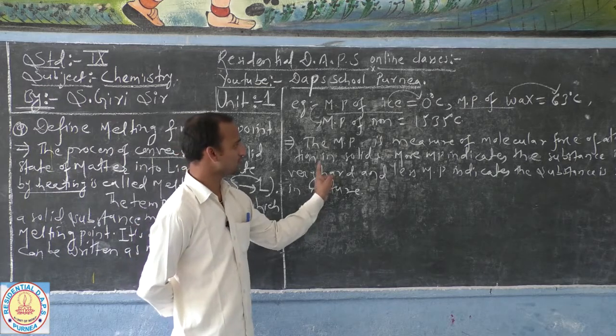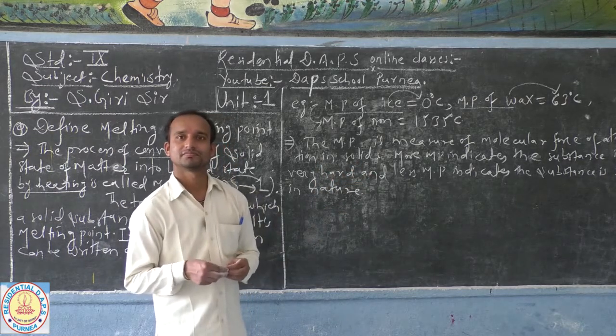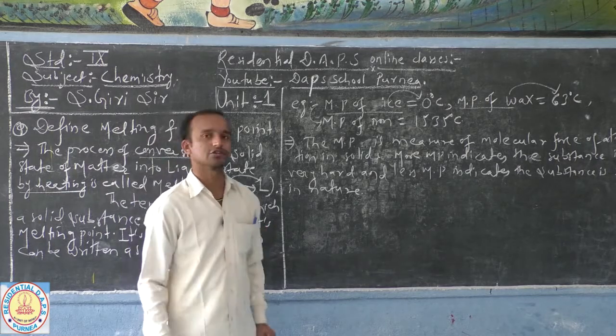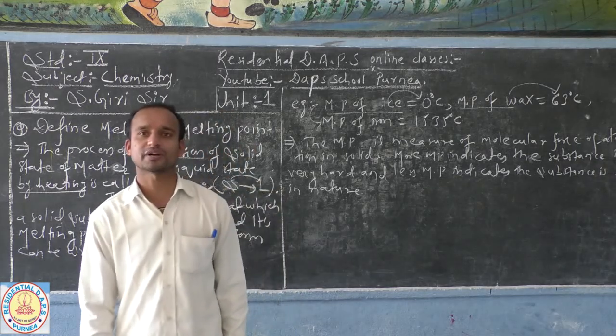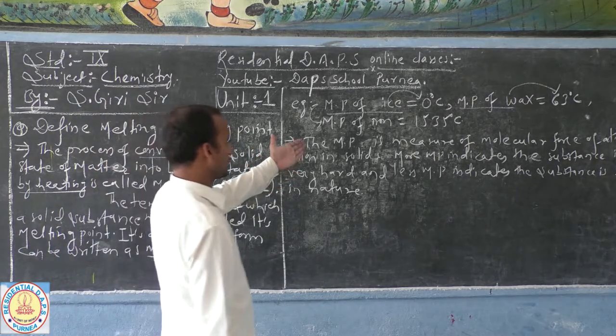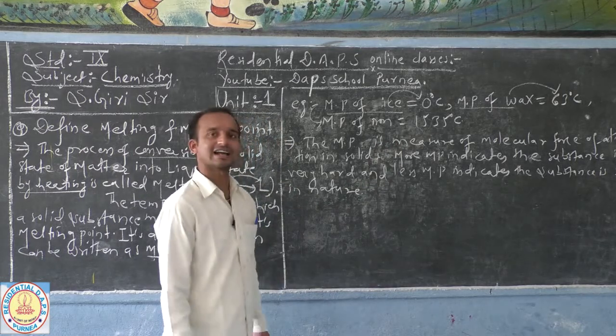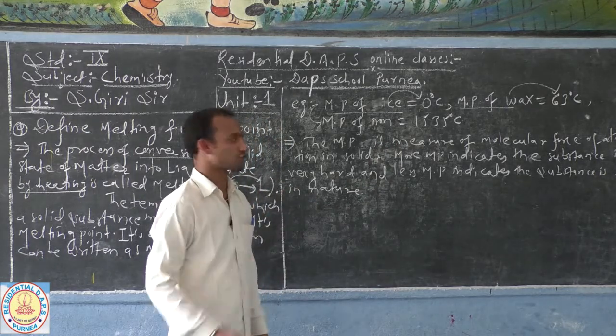Each and every solid has molecules, and between those molecules there is a molecular force of attraction, that is the force of cohesion or the cohesive force. The melting point is a measure of the molecular force of attraction present in that particular solid.